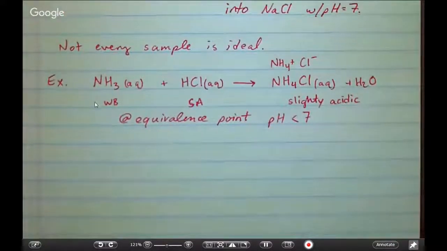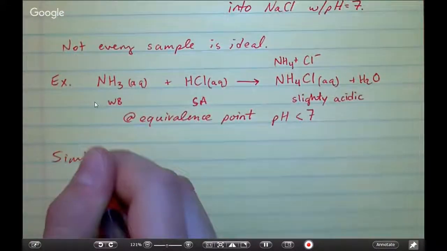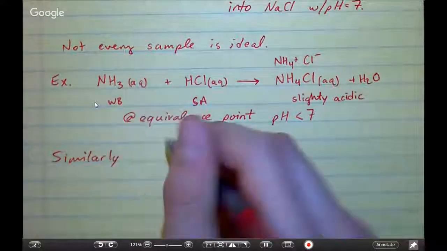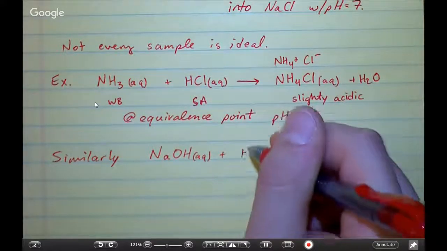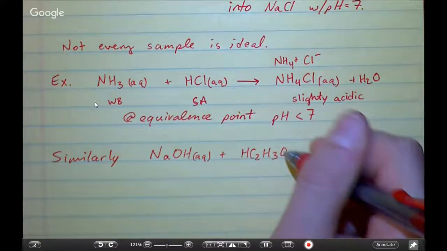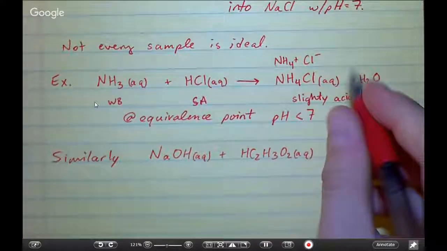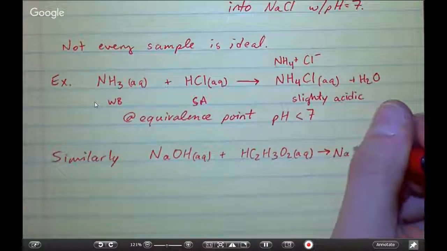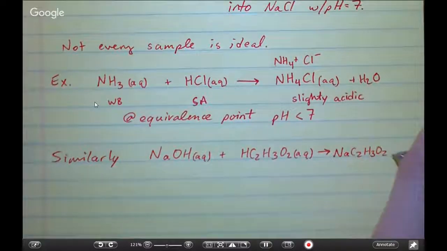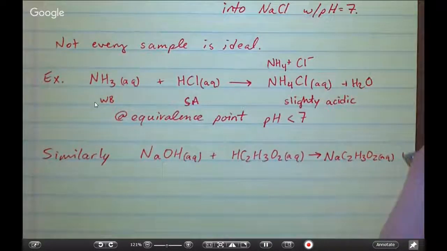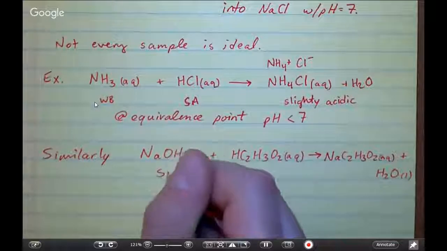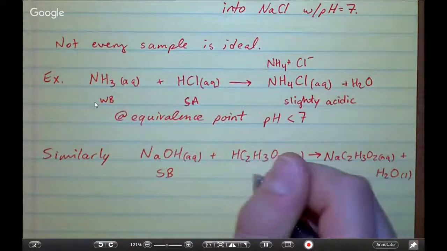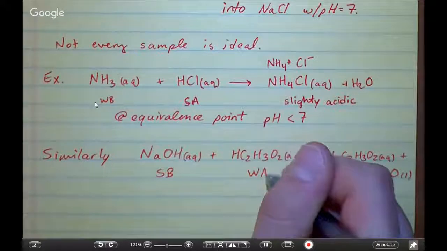Okay. Similarly, let's say we have sodium hydroxide, which is aqueous, and acetic acid, which is aqueous. The products are going to be sodium acetate, salt, and water. Okay. Notice in this example, sodium hydroxide is a strong base, and acetic acid is a weak acid.